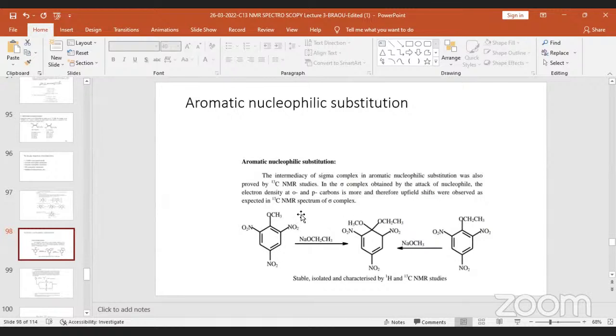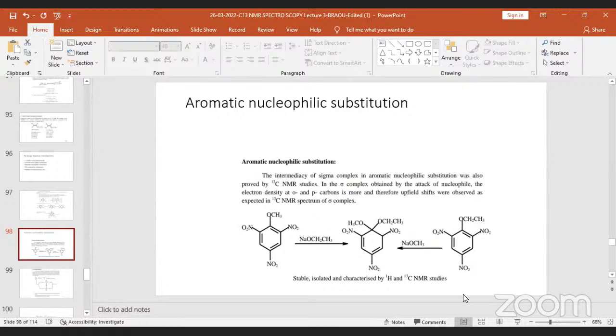So in such cases, an anion, say methoxy anion, can attack and substitute the hydrogen here. So like this, OCH3 is there, and an ethoxy group is attacking, and the negative charge will be on these 5 carbons.